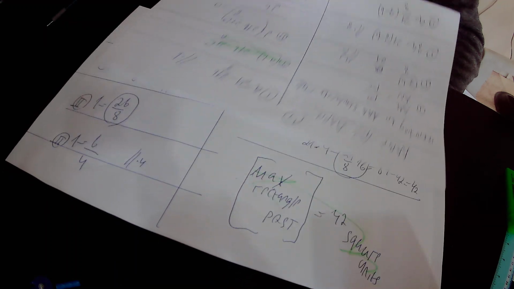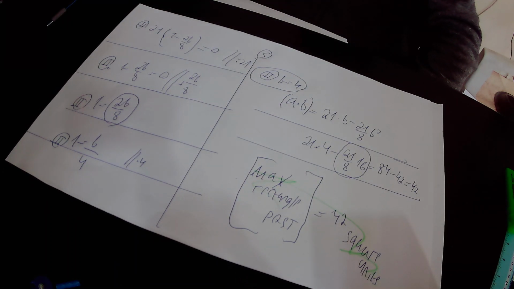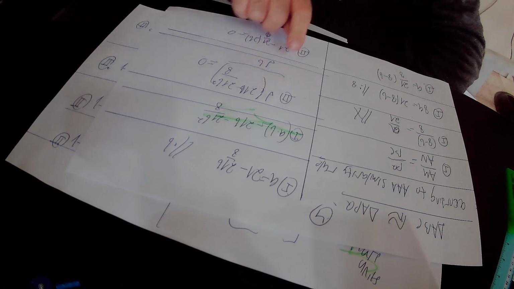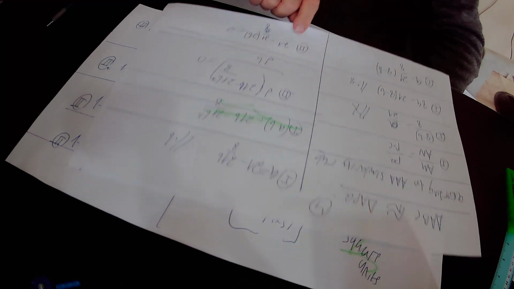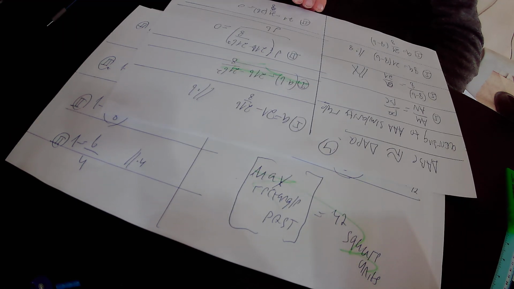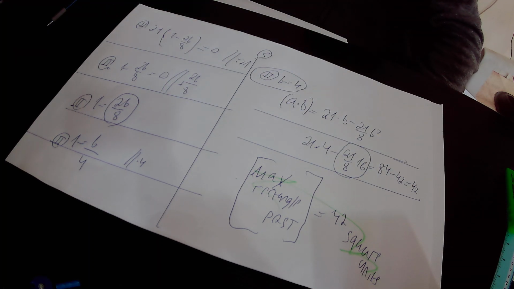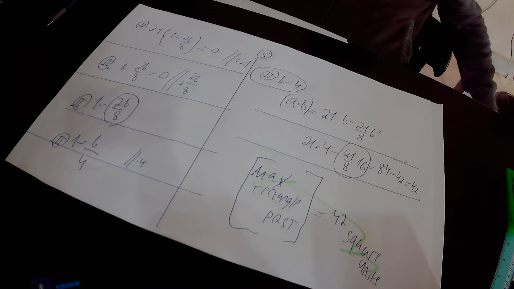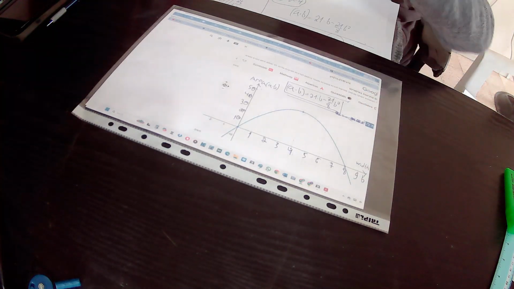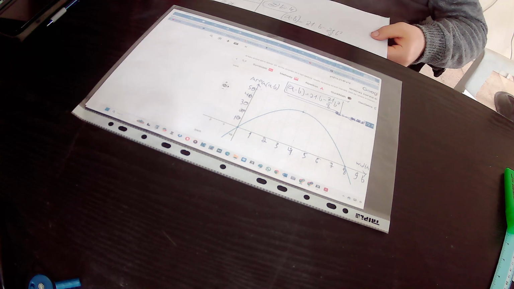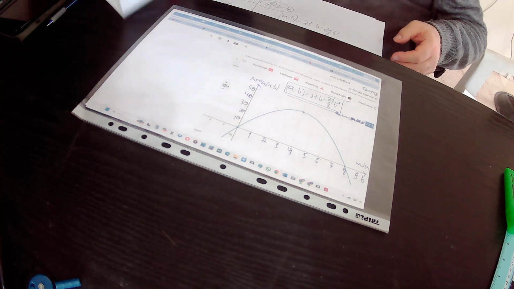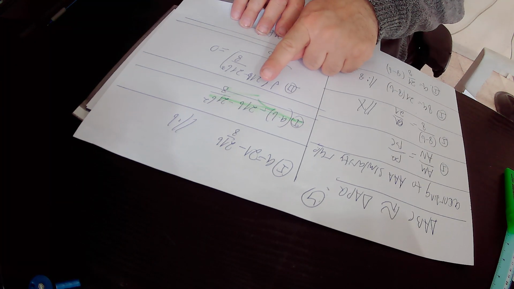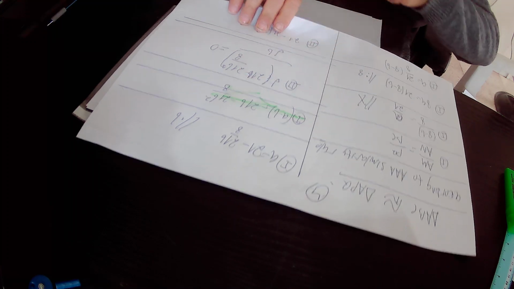Now we have to draw the graph of this area function in order to find out whether b equals 4 is a minimum extreme point or a maximum extreme point. This is the graph of the area function a times b equals 21b minus 21b squared over 8.